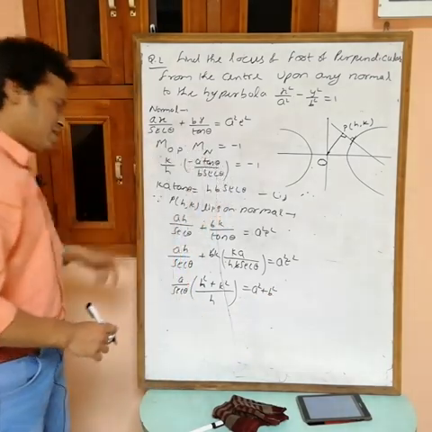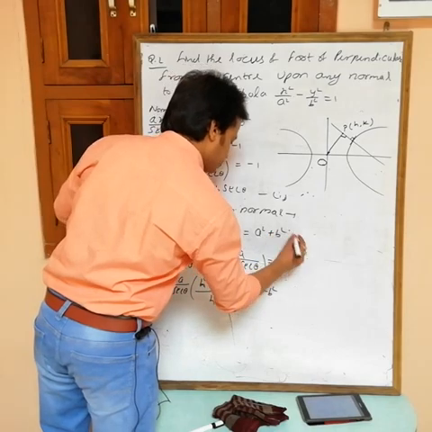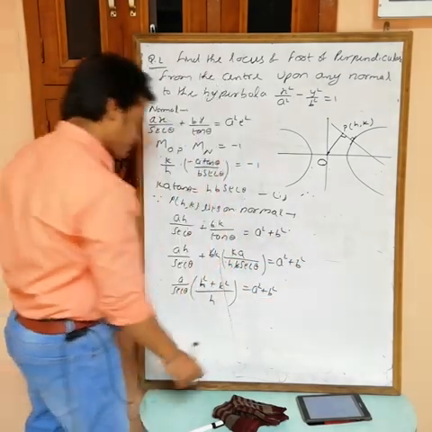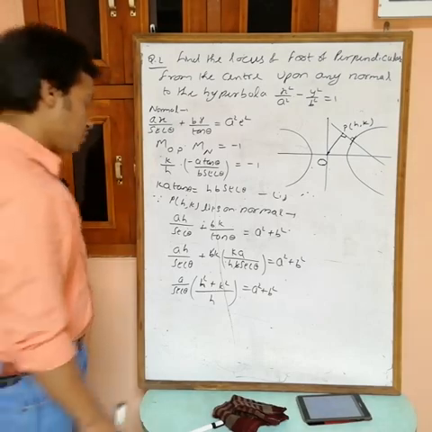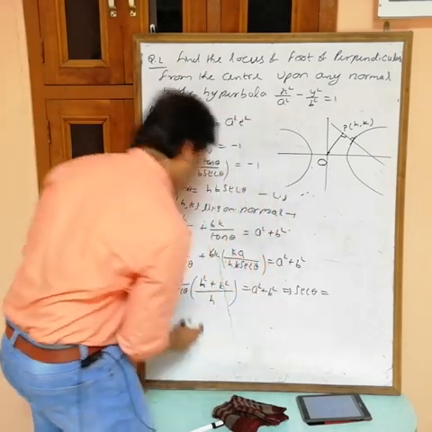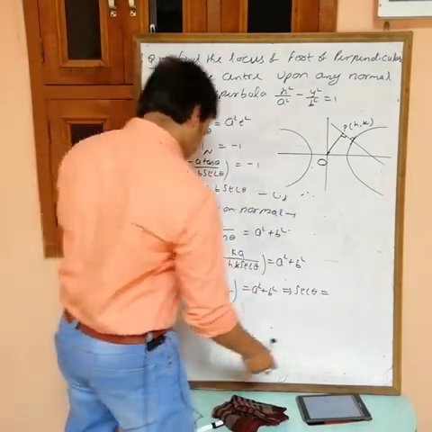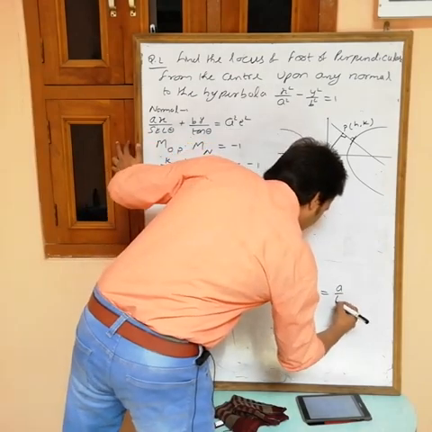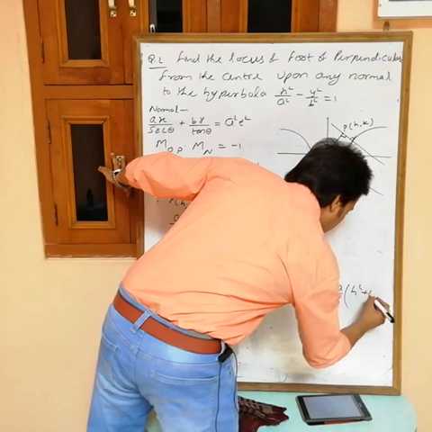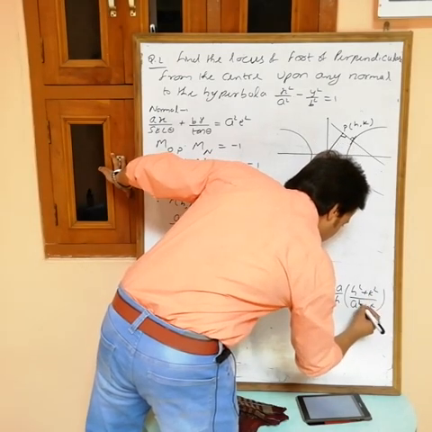Okay, again I am using a square plus b square, no problem. Now from this one find the value of sec theta. Sec theta is equals to, cross multiplication, a by h into h square plus k square by a square plus b square.